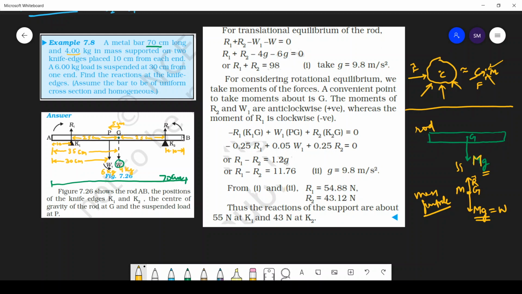It is being pulled by the earth at this point G, and that is mg, the weight. So that is equal to 4 into g, which is 9.8.